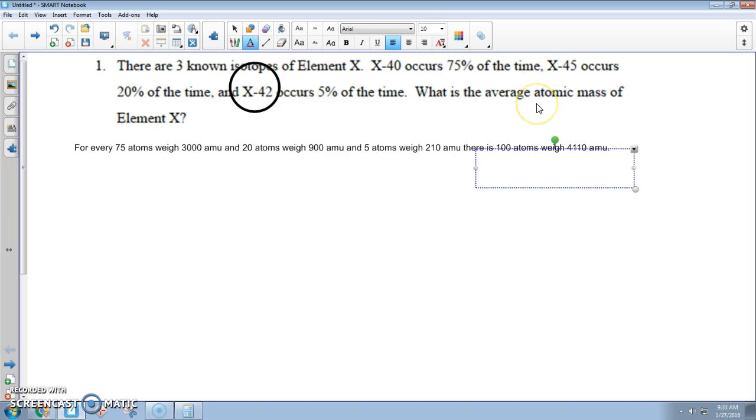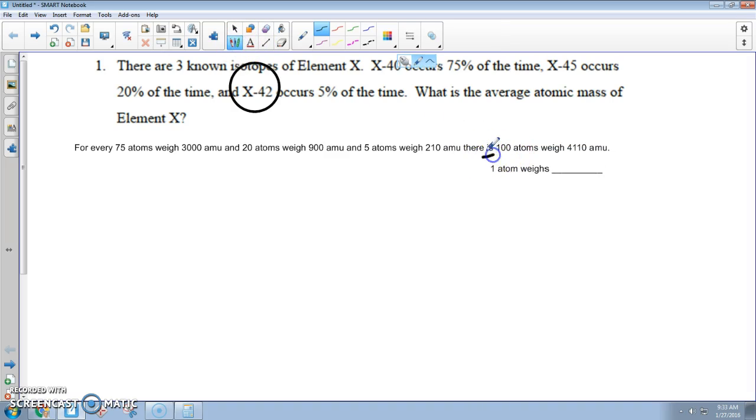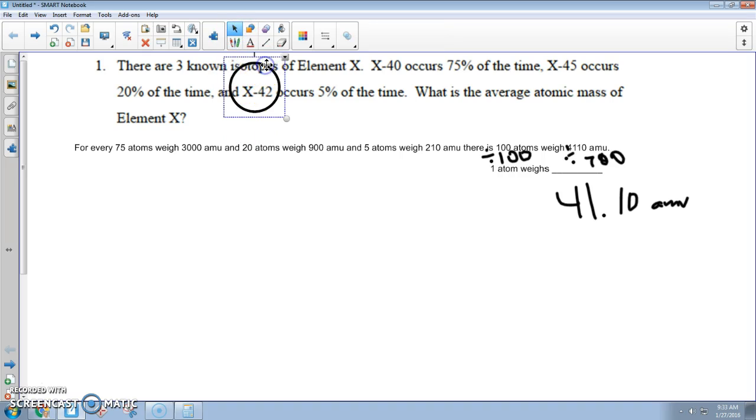One atom weighs blank, which means I am dividing by 100. Whenever you're dividing by base 10 things, I can move the decimal point over 2 spots, and I get 41.10 AMU.